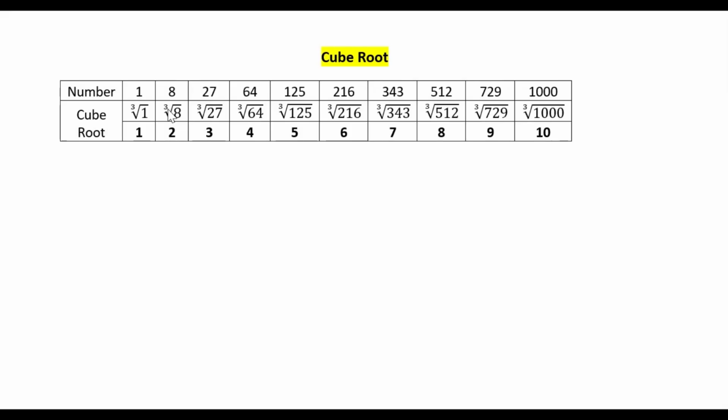We write the number 3 over here, so that becomes cube root. Similarly, for 27, if 3 is multiplied 3 times, we get 27. So the cube root of 27 is 3. The cube root of 64 is 4. So if any number is multiplied 3 times, we get a cube, and the opposite of that is a cube root.